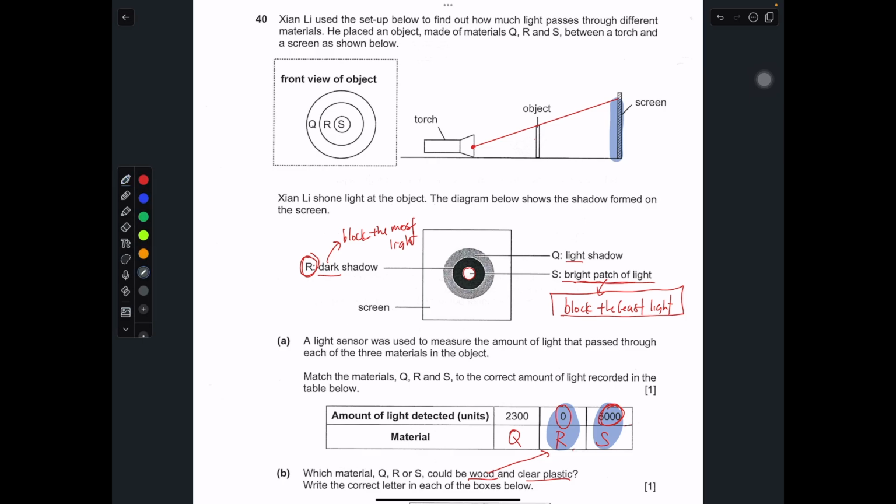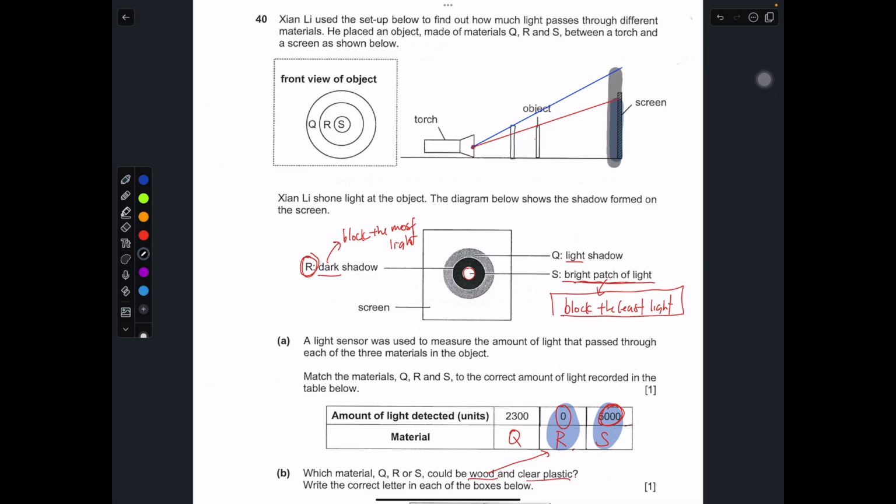sometimes you're not sure whether it is nearer or further. If I move the object nearer, same height, try to make it the same height. In an exam, if you have paper, you can use a ruler. It will be much clearer. So I'll use blue color. Can you see? The shadow over here is much larger.